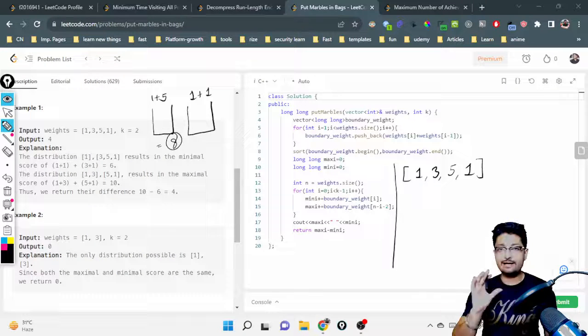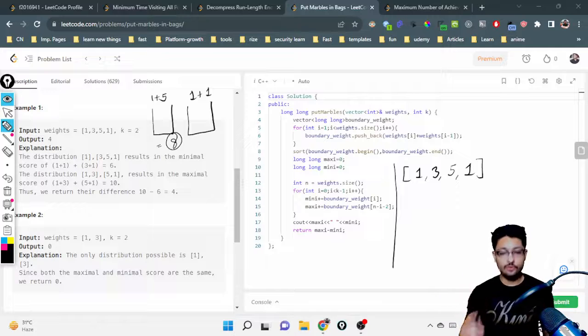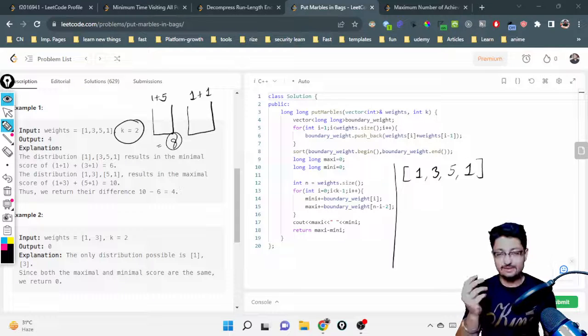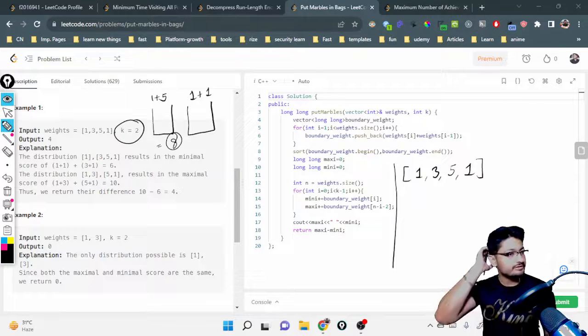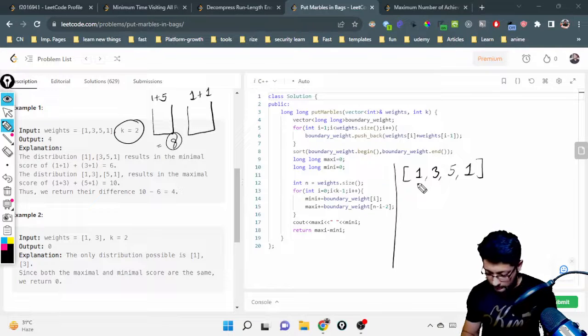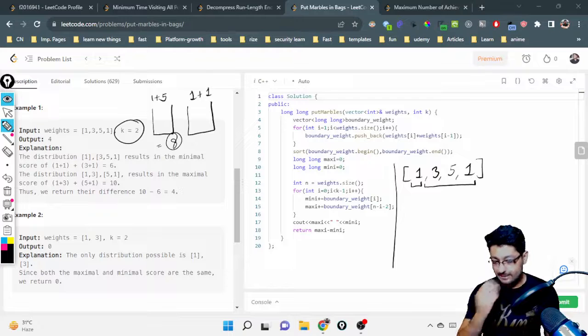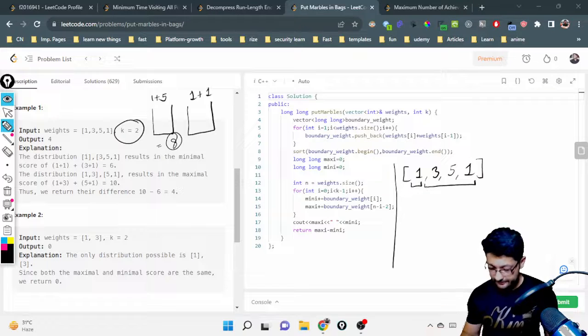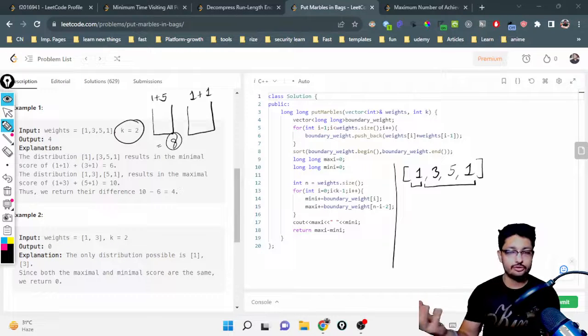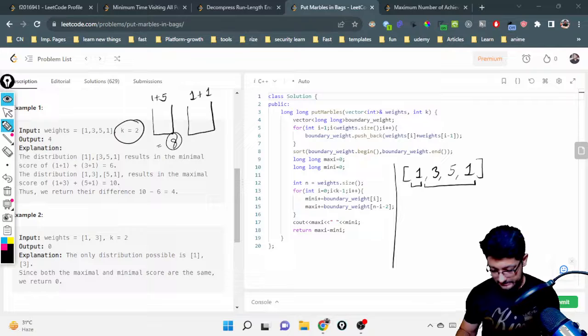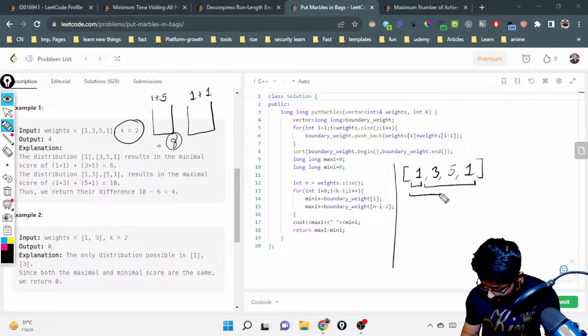So the overall task comes down to forming this number of different subarrays and finding the one which has the maximum and minimum score. Let's talk about one of the possible cases. I've taken two subarrays out of this complete array, and they should be continuous, because if I take i and j, all the marbles in between go into the same bag. That's the constraint. Another can be like this. The last can be like this.